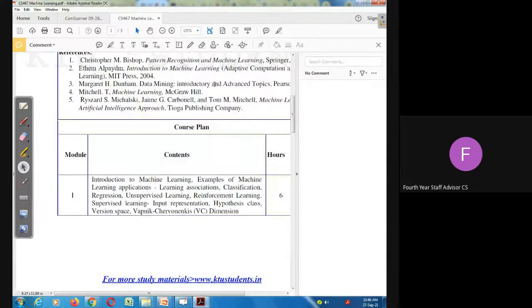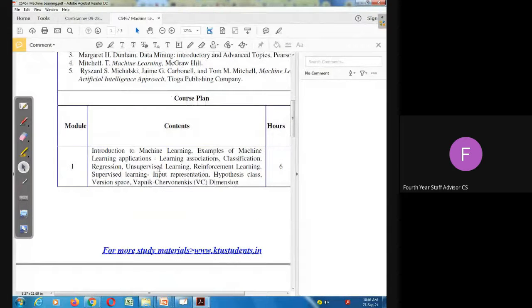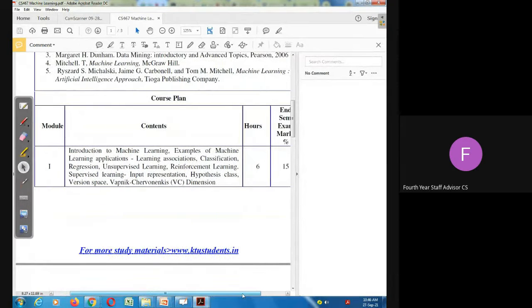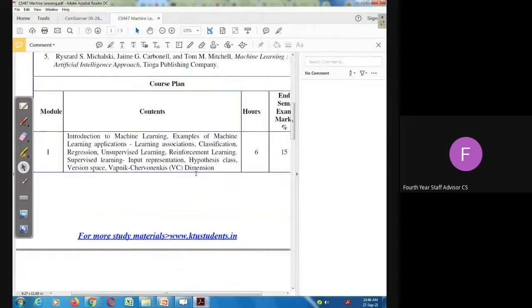So the first module, we can just familiarize the syllabus at first. In the first module we will study the basic concepts of machine learning. Introduction to machine learning, examples of machine learning applications, learning association, etc. So this is the introduction to machine learning.